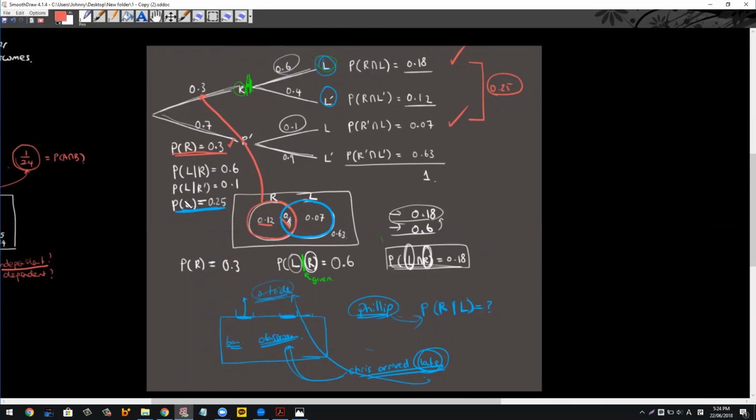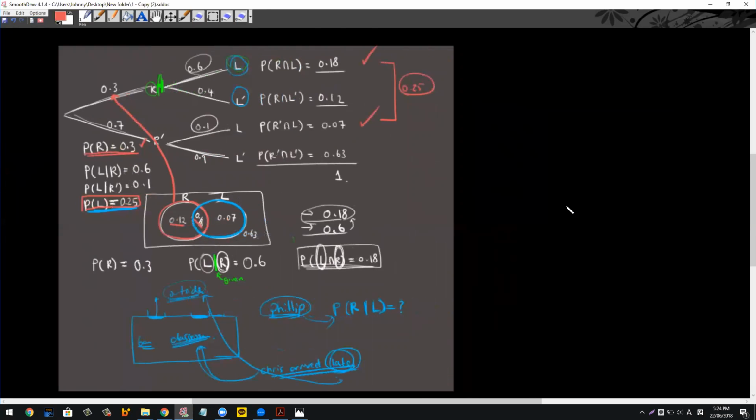And we figured out the probability of just being late, which is of course just that circle there, which is 0.18 plus 0.07. Okay, so that's just being late. Now, I want you to use this one, Philip, this one here and this one here.